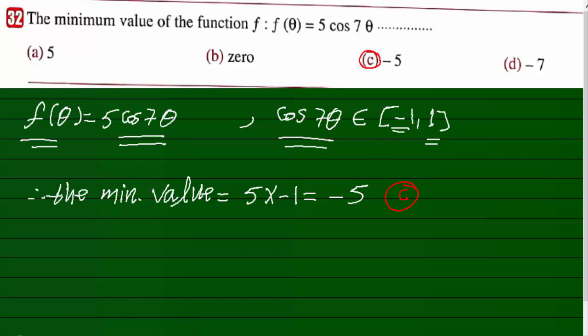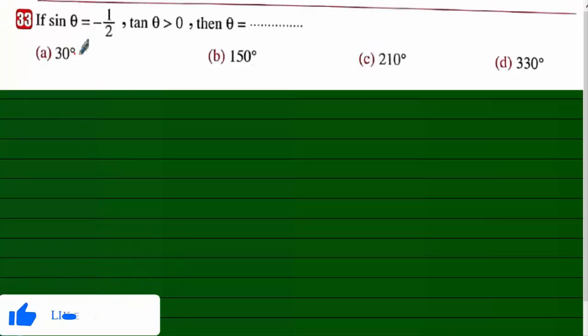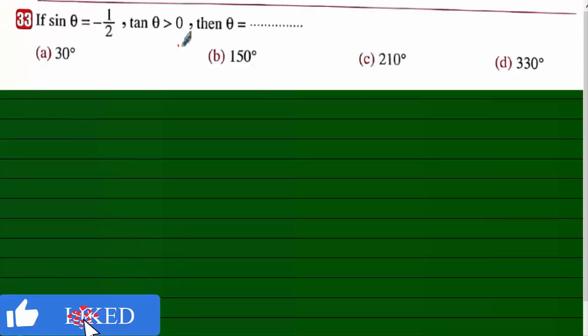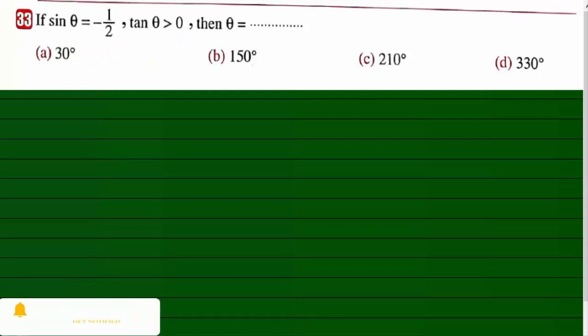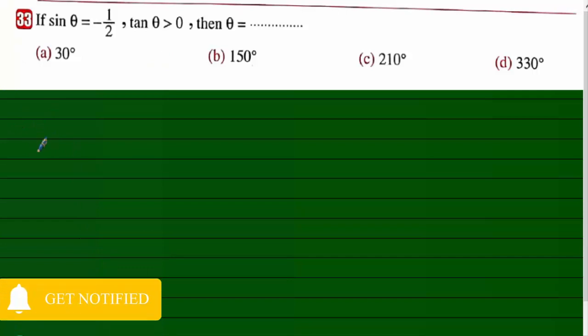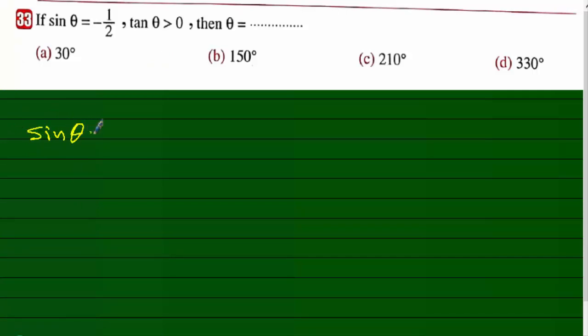Question number 33. Here we have sin theta equals negative half, and tan theta is greater than 0. So we write sin theta equals negative half. That means this angle theta belongs to the third quadrant or fourth quadrant.